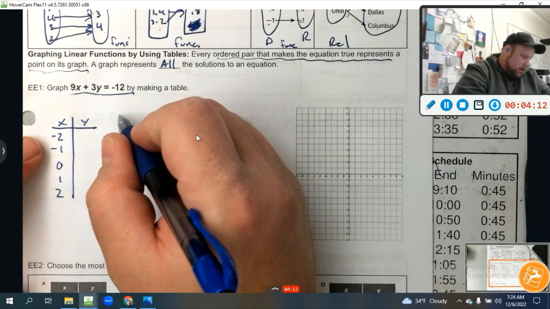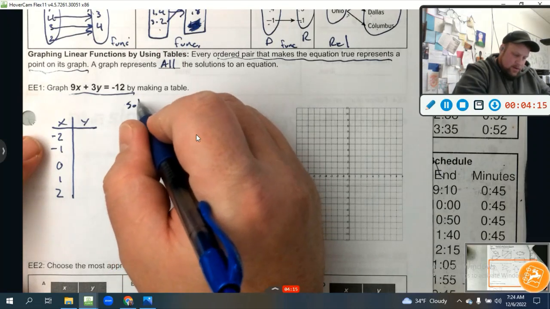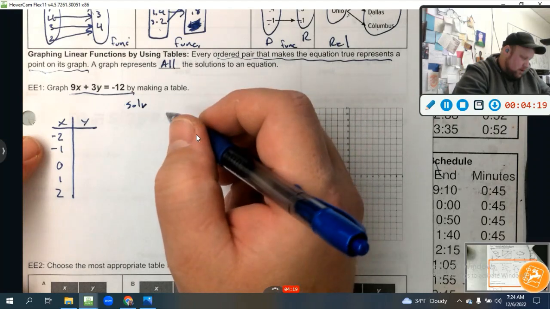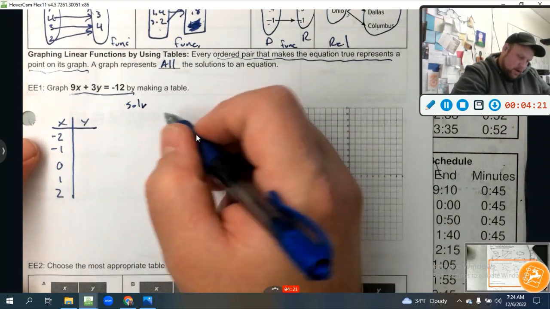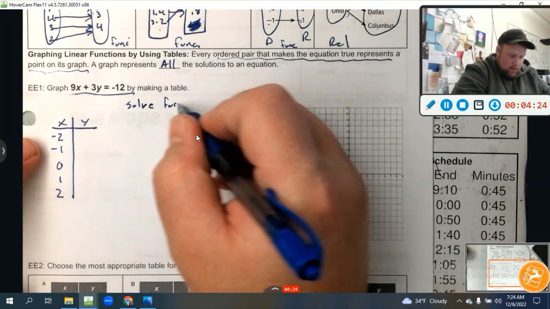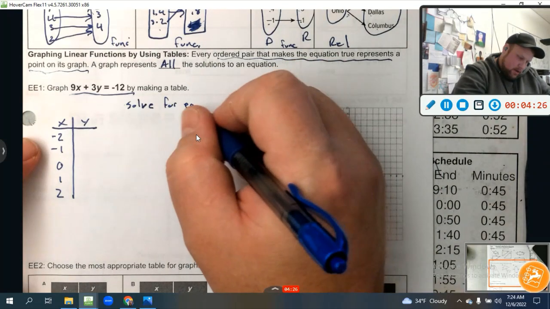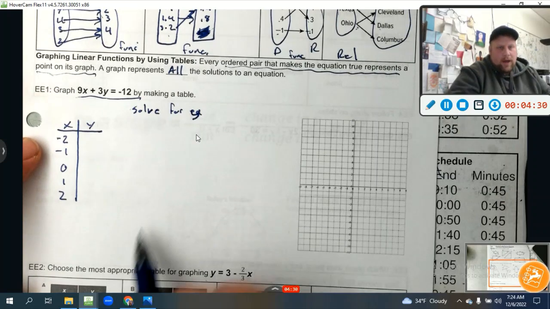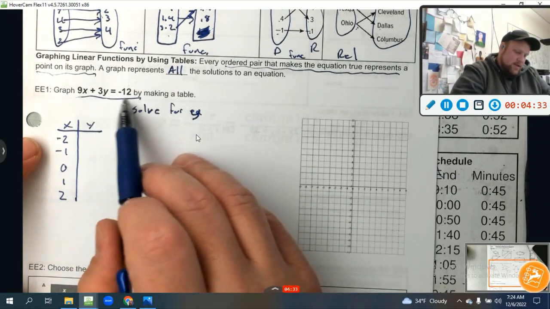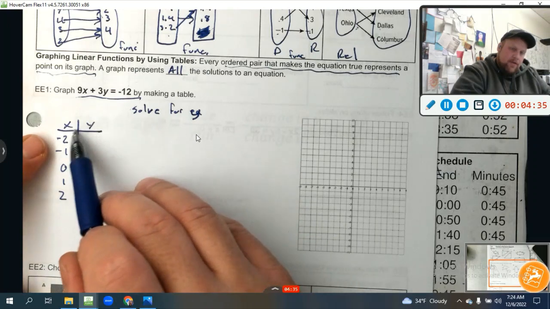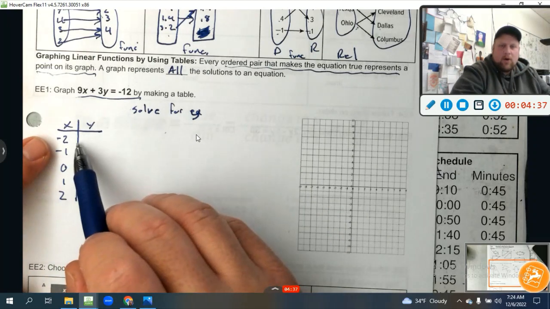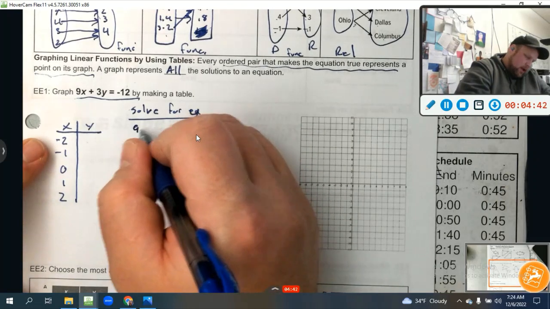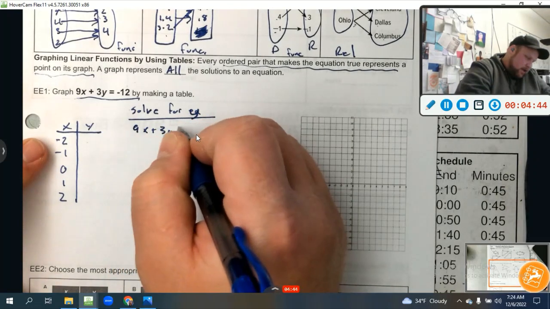The first thing we've got to do is solve for y. The reason I'm going to solve for y is that when I solve this equation for y, I put it in a form where I can just plug in an x and get out a y value. So 9x plus 3y equals -12.